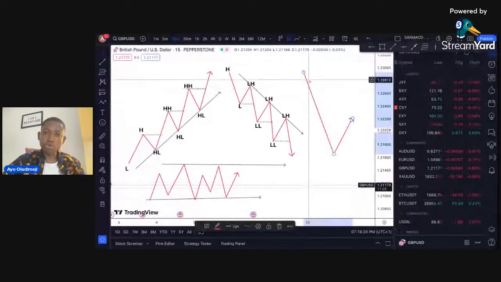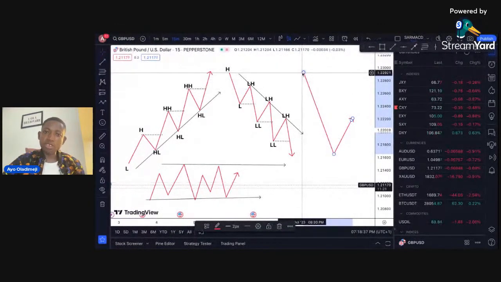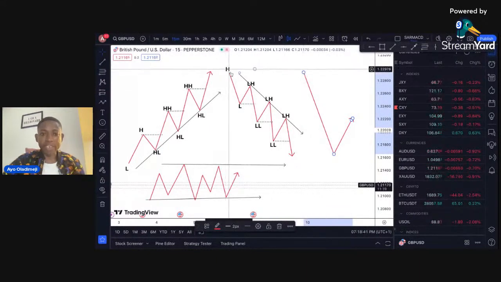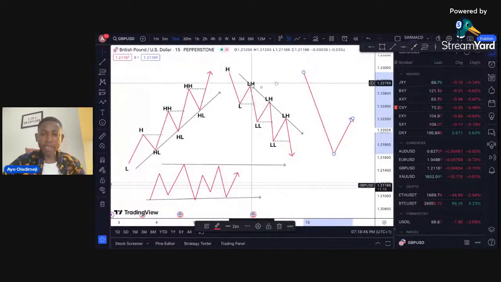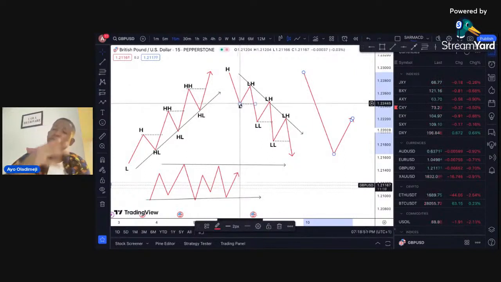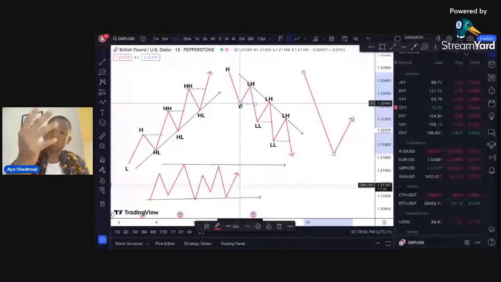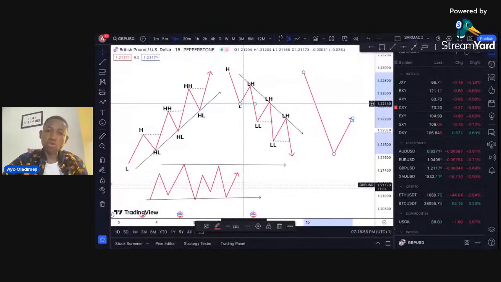So in a downtrend, the impulse leg is from a high to a low. The correction is from a low to a high, and this is the low. If you remember our market structure, this low is also a support, right?